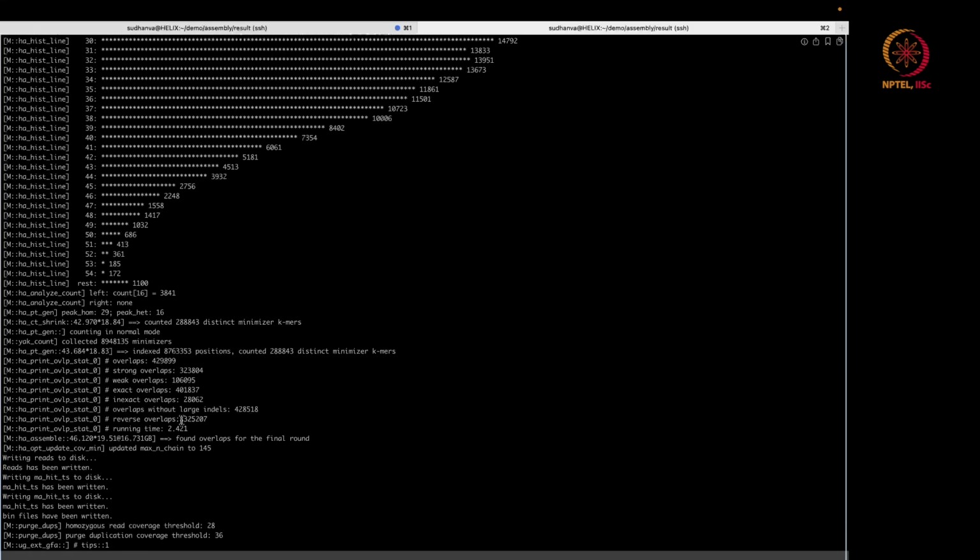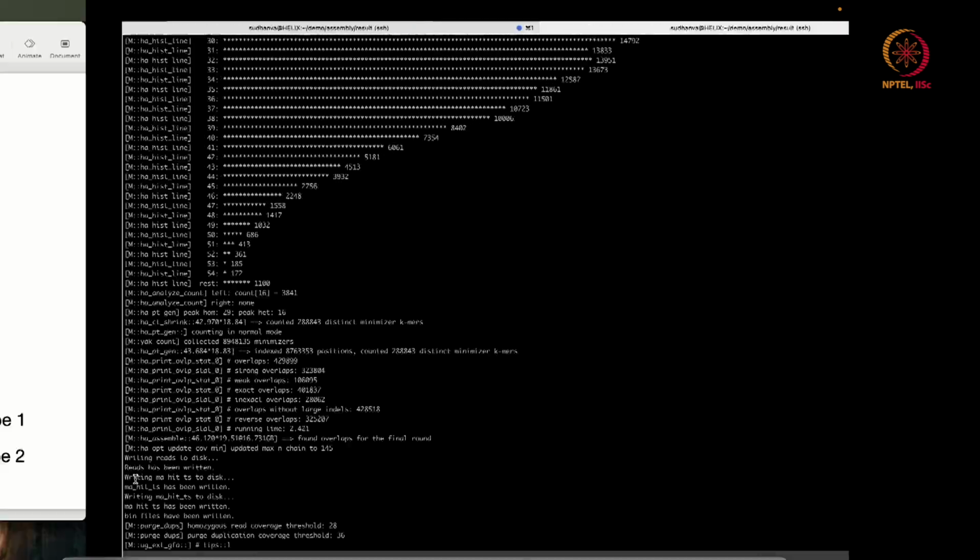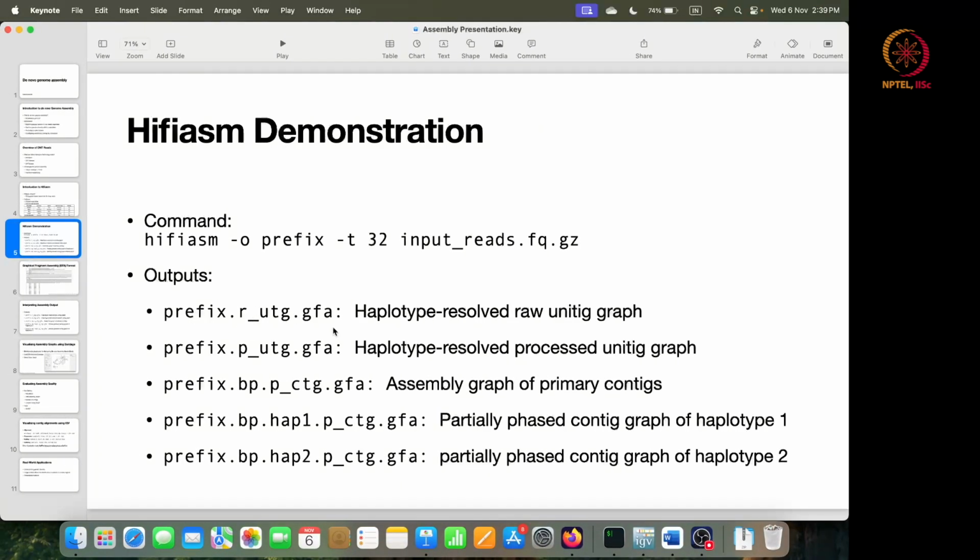Once it has identified all the overlaps, it will then create a raw unitig graph. The raw unitig graph contains the information about the suffix prefix overlaps between pairs of reads, which are now stored in the unitig format.